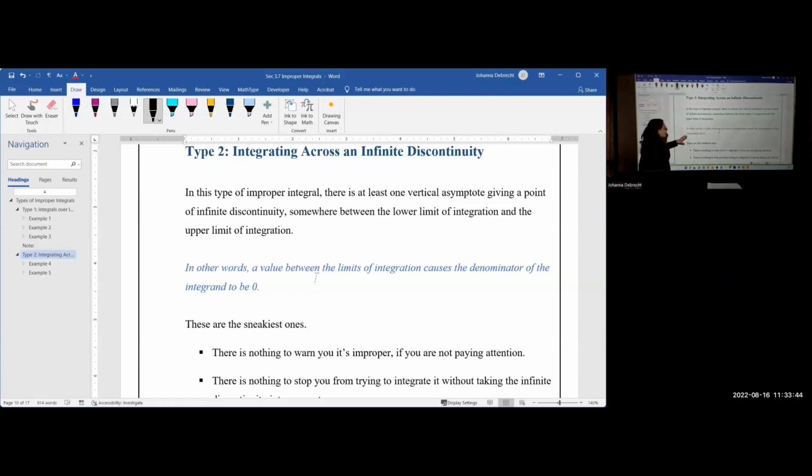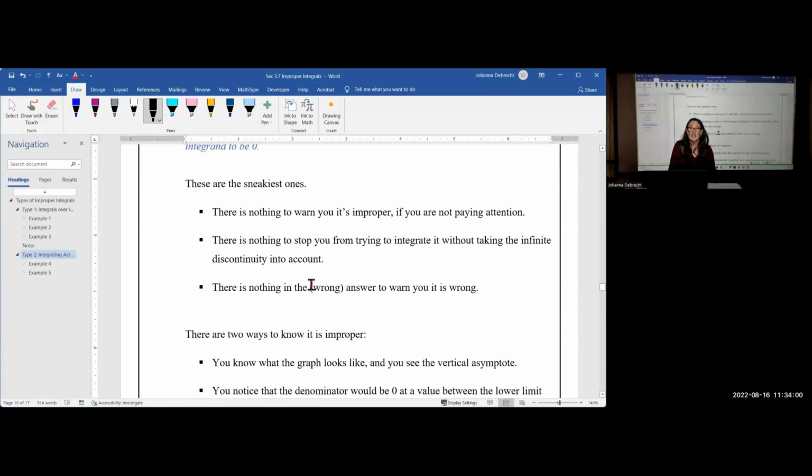So when we're looking at these, what's basically happening is we've got a value between the limits of integration that causes the denominator of the integrand to be 0, undefined. Now, these are the sneakiest ones because there's absolutely nothing in the integrand or the limits of integration to warn you it's not proper if you're not paying attention.